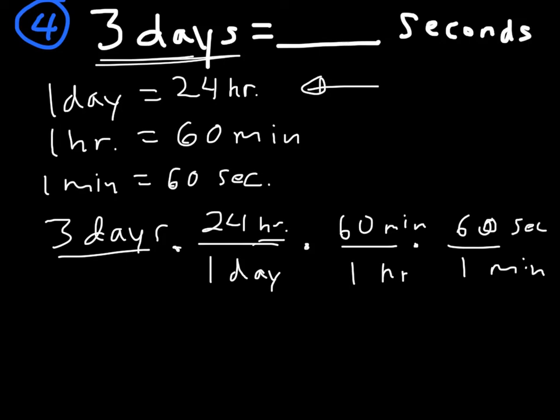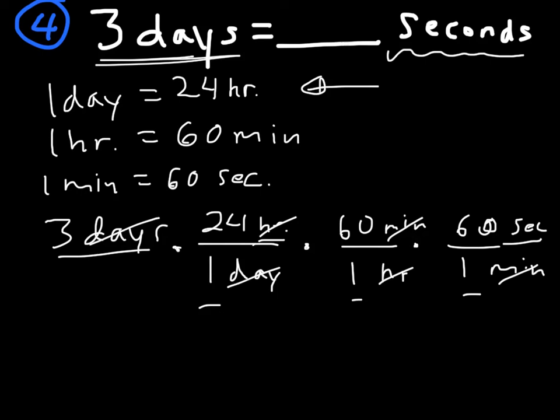Now check on our labels. Our days will cross off, our hours will cross off, and our minutes will cross off because we have 1 in the top and the bottom of each of those. And our seconds will stay, and that is exactly what we want. So when I look at the math on this, we have on the top 3 times 24 times 60 times 60, and that's going to be divided by 1, by 1, and by 1.